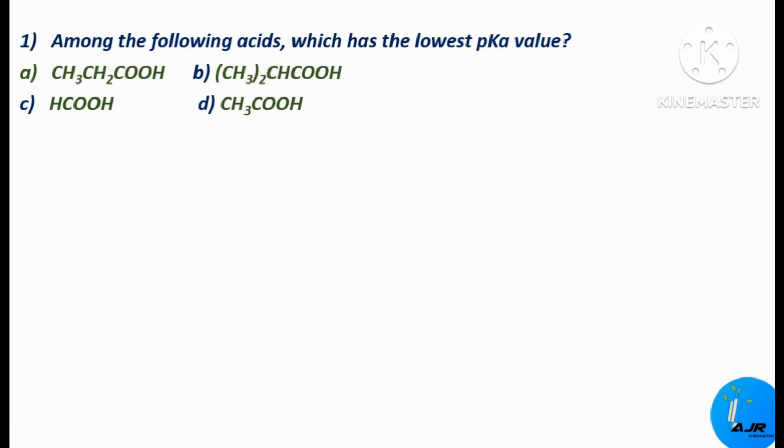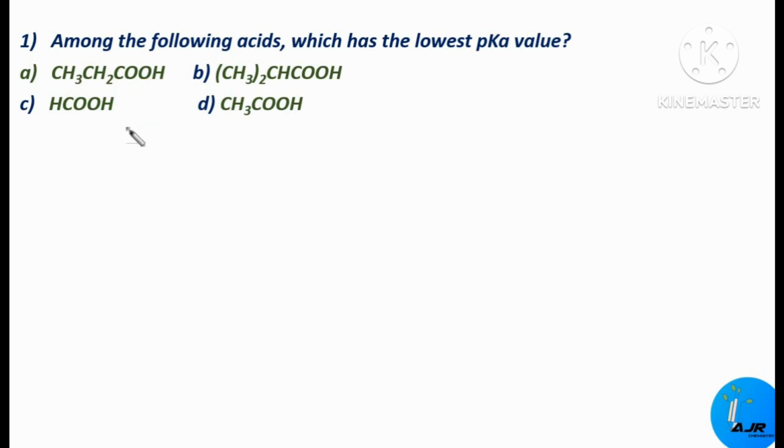That means this pKa value measures the strength of an acid by how tightly a proton is held to a Bronsted acid. Okay, the lower the value of this pKa value, the stronger will be the acid and the greater its ability to donate protons. So in this question, we are having four types of acids, is it not?